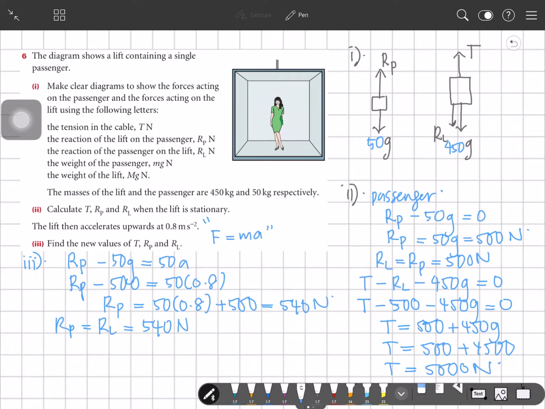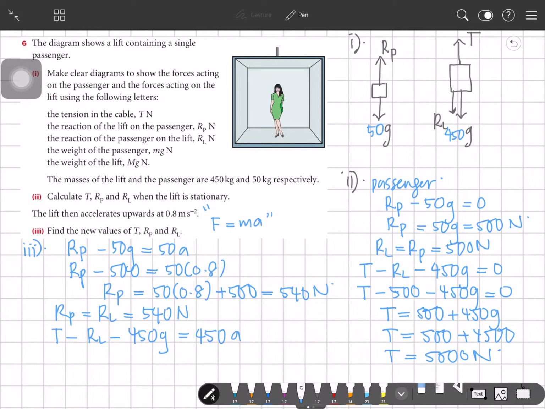Alright, so next we want to find the value of the tension in the cable. In order to find the tension in the cable, we need to resolve the forces acting on the lift. So we have tension minus R of L minus 450 g equal to the mass of the lift, which is 450, multiplied by acceleration.